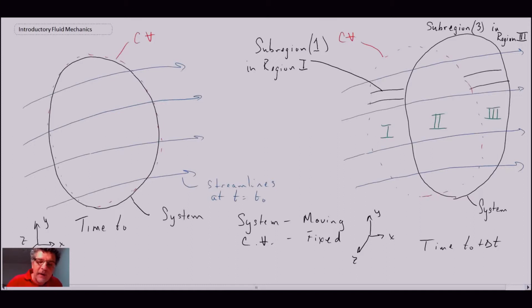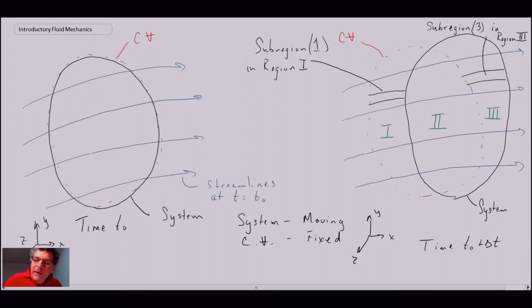There you can see that this is a schematic that we're going to use when we come up with the formulation for the time rate of change of our properties and convert it between intensive and extensive. Let me just clean that up a little bit. These lines should really be parallel to the streamline, so I apologize for that. My artistic abilities are not great. That's a little better, but not great. Anyways, there's region 3 and region 1.